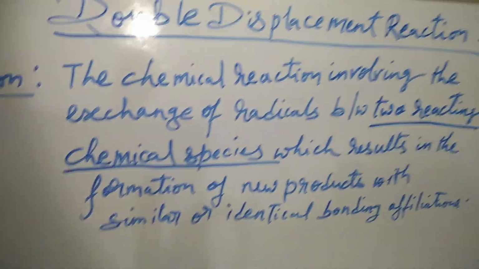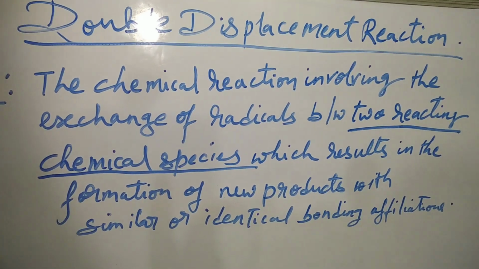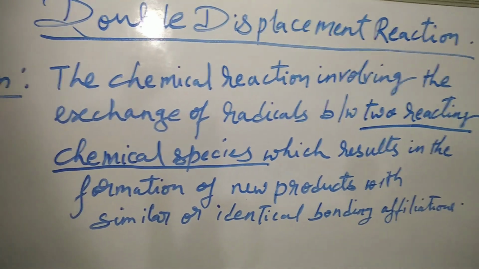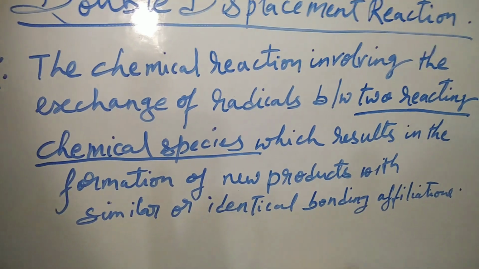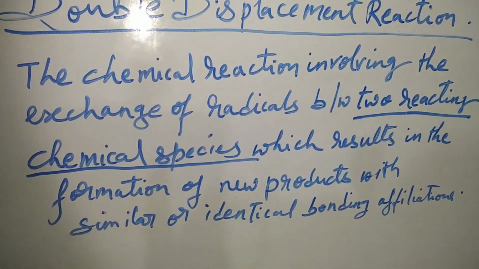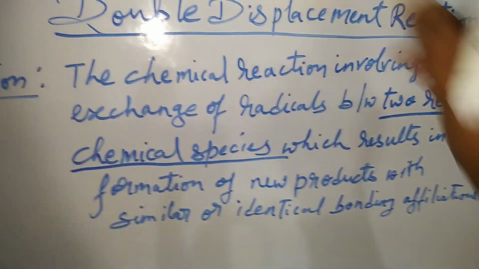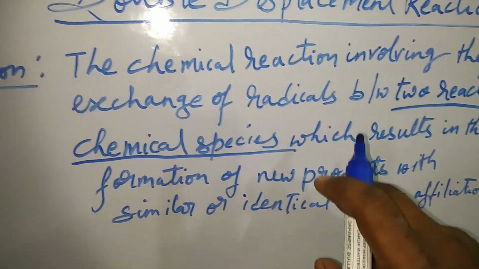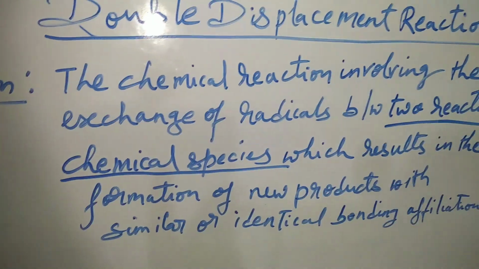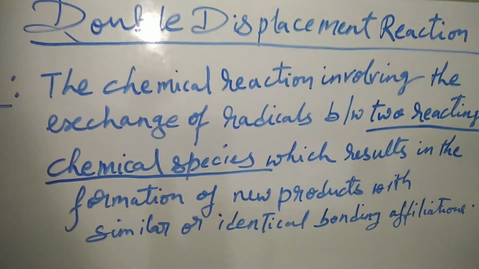Only two compounds exchange each other's radicals or bonded species. In this reaction only two compounds are involved, that's why double displacement reaction.